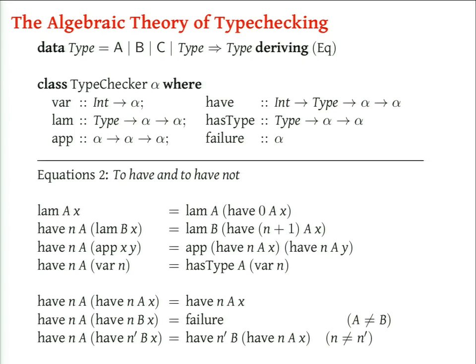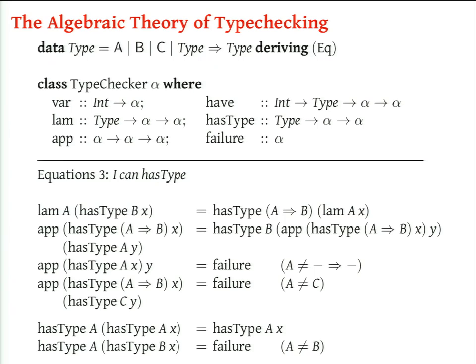If we make two contradictory assertions about the same type, then this is failure. Some people may be worried about the use of negatives here in an algebraic theory, but it's okay because there's countably many types, and you can just assert lots of equations. And we can commute have assertions if they're talking about different De Bruijn indices.